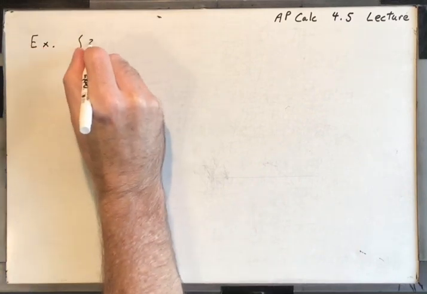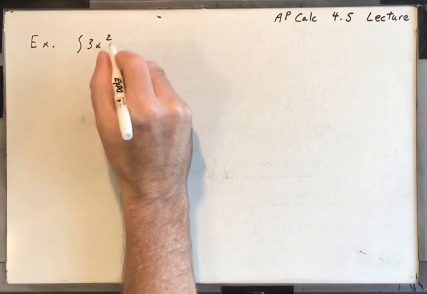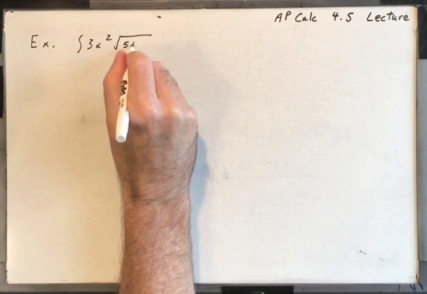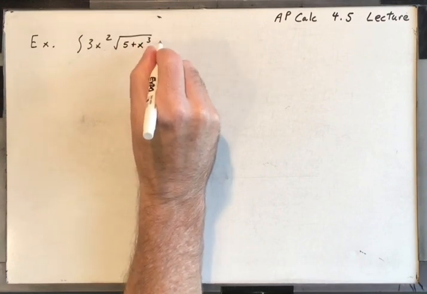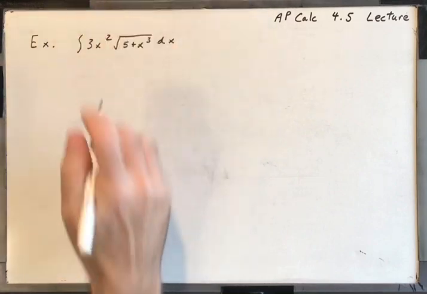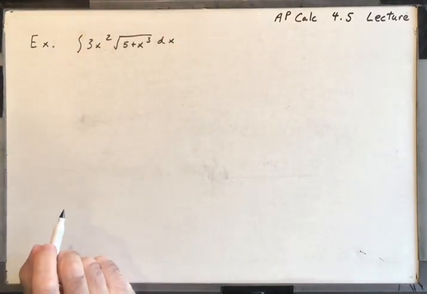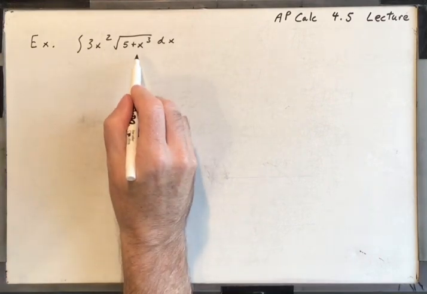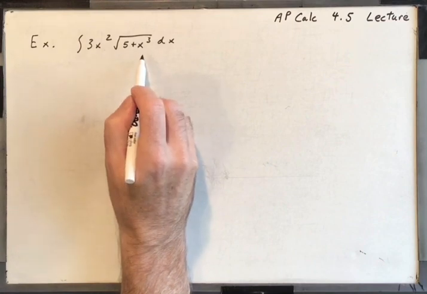So we've got 3x squared times the square root of 5 plus x cubed dx. And I want to integrate that. What you want to do is you want to pick a u. When you take the derivative of it, it's sitting out in the problem.